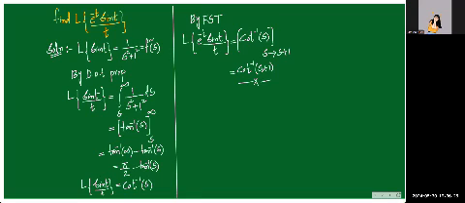Now if you understand, then I can move on to the derivative property of Laplace transform. Next page: derivative and integral properties, both we have to discuss.